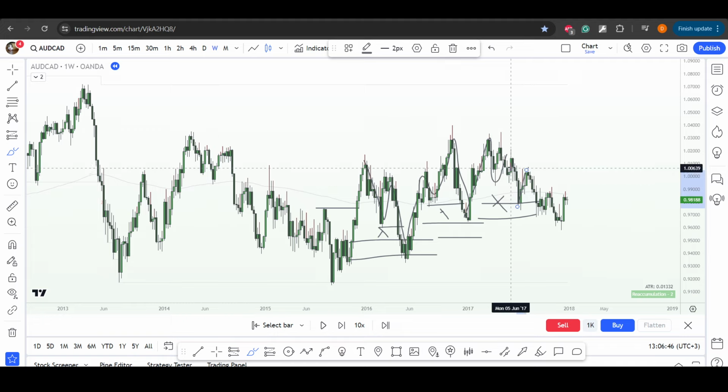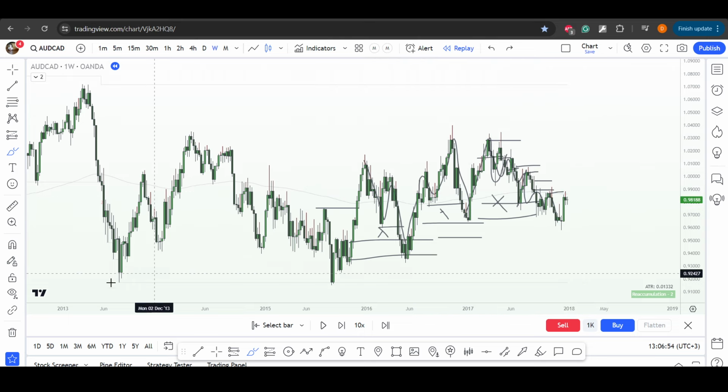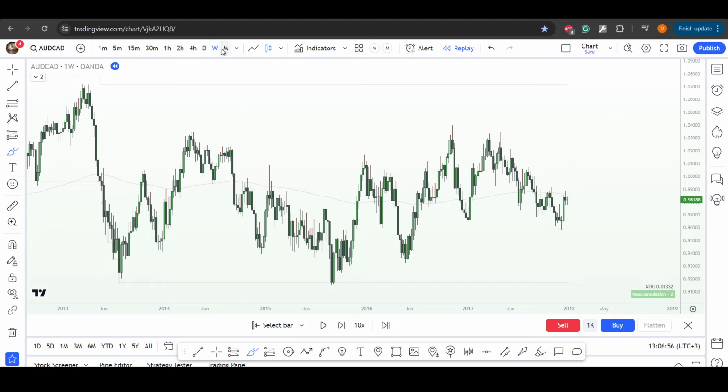And so this chain of supply started to develop, and now most recently we are moving to the bearish side.